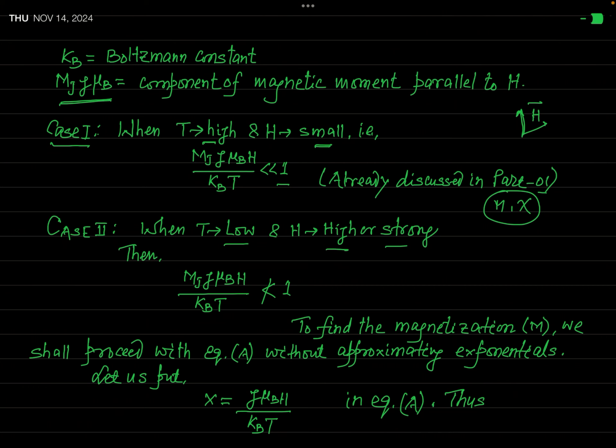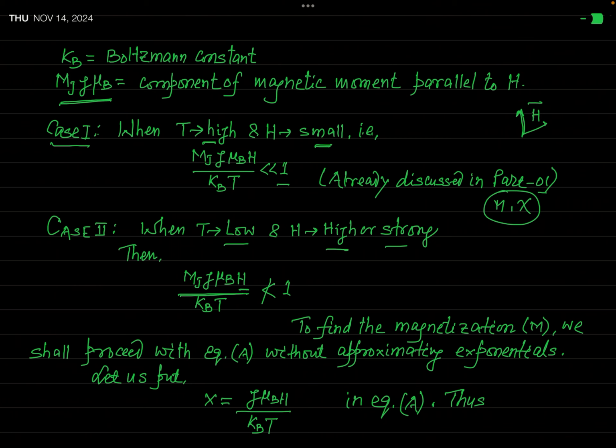In this condition, can you say that this number M_J g mu_B H over k_B T will be smaller than 1? Definitely not, because H is larger here and T is smaller, so this will not be less than 1.